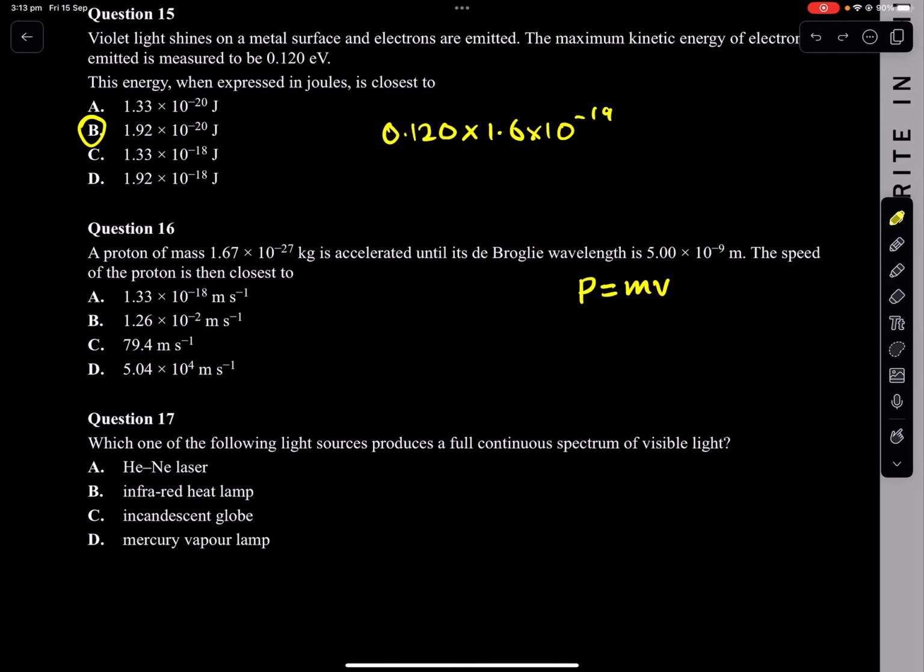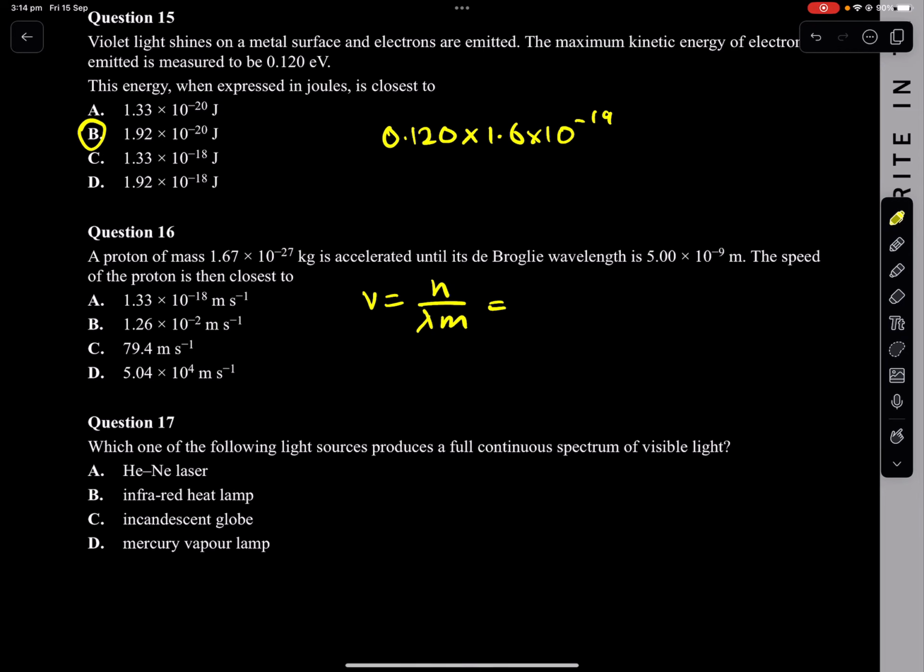We also know that momentum is equal to h over wavelength. So mv is h over wavelength. We want the velocity, so velocity is equal to h over your wavelength times your mass. Okay, done.